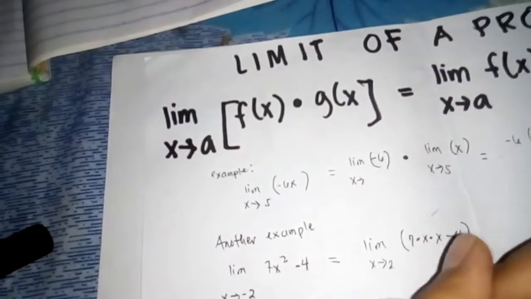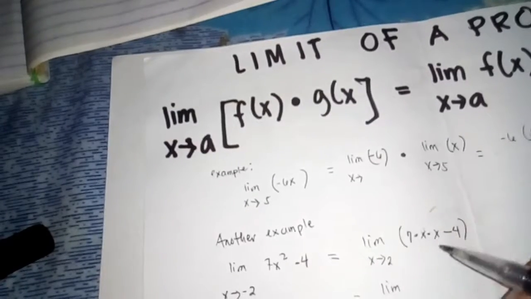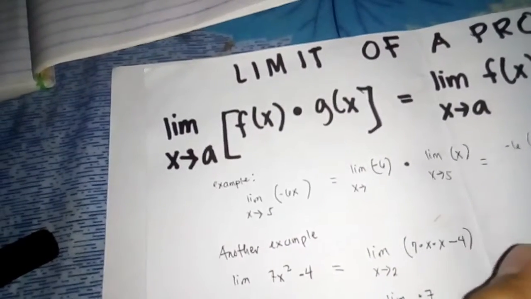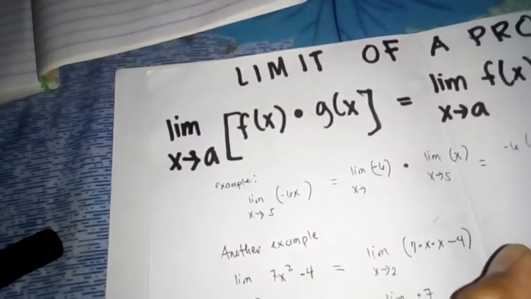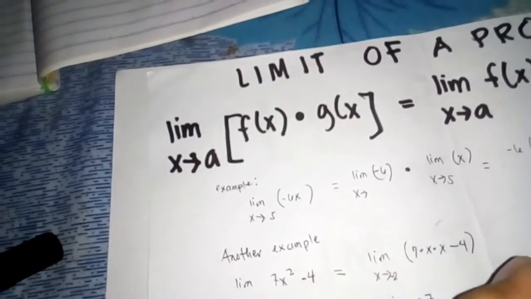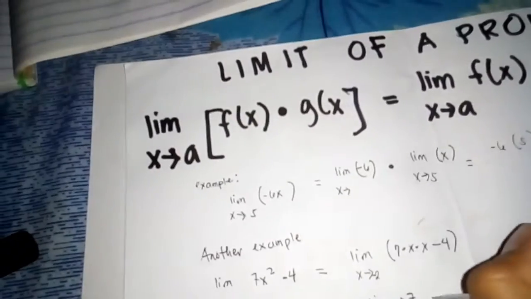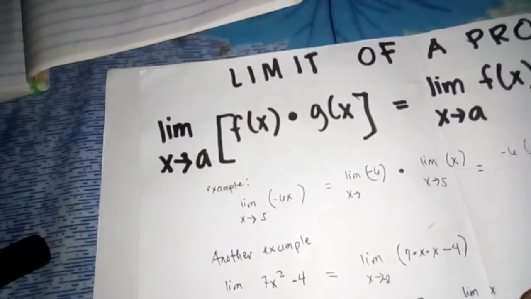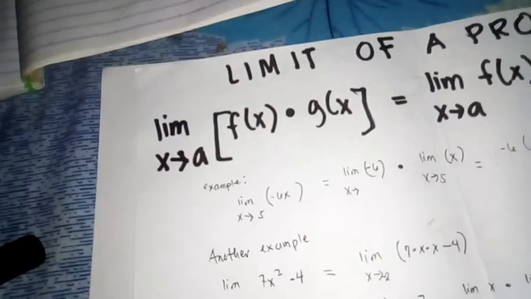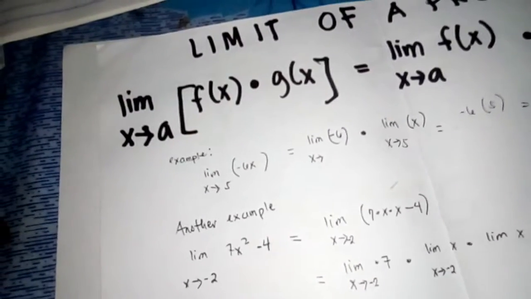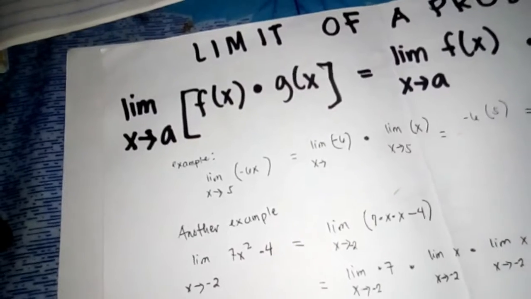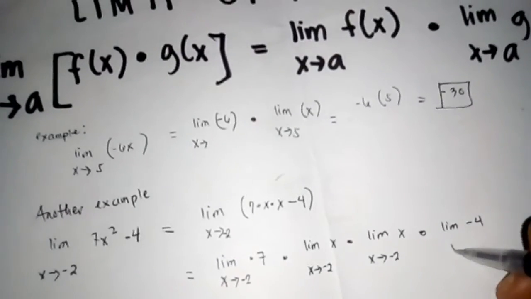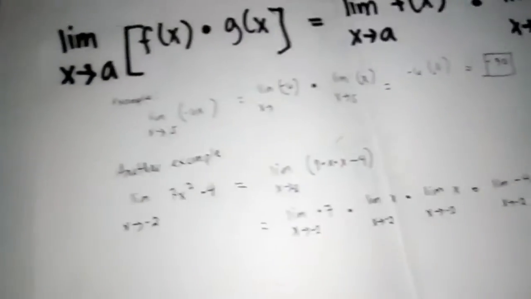So the limit of 7 as x approaches negative 2, times the limit of x as x approaches negative 2, times the limit of x as x approaches negative 2, and then the limit of negative 4 as x approaches negative 2.